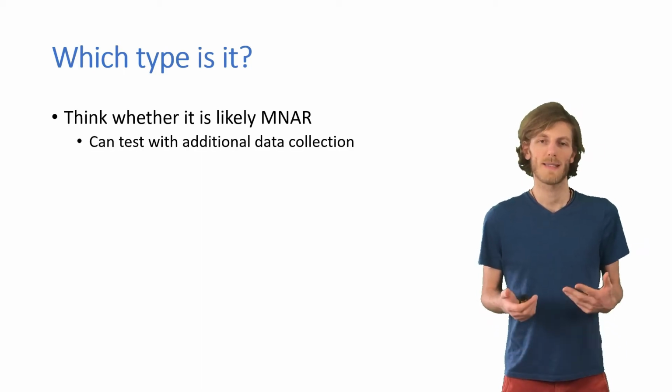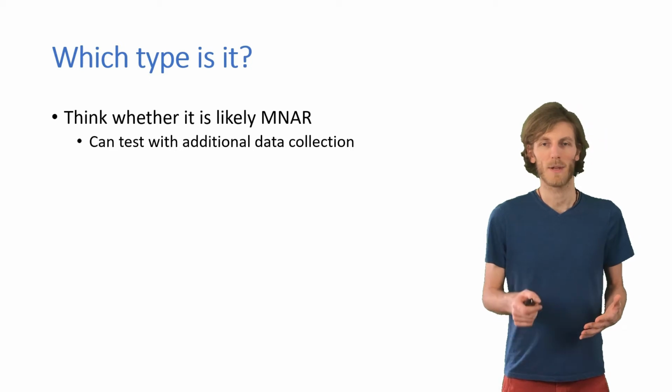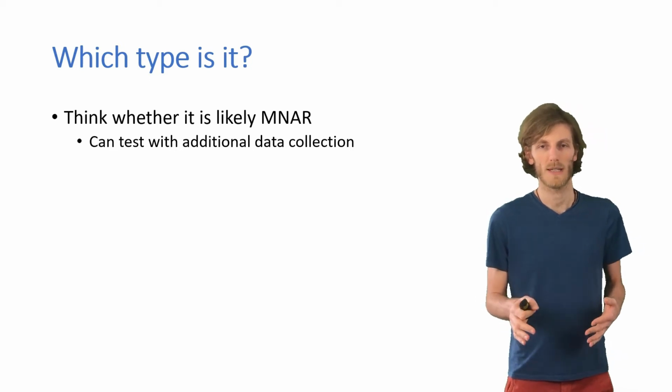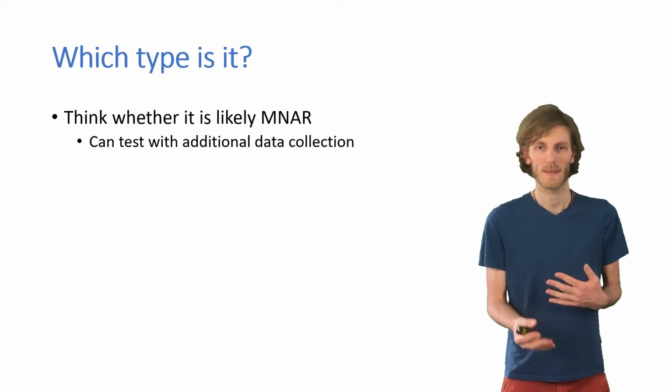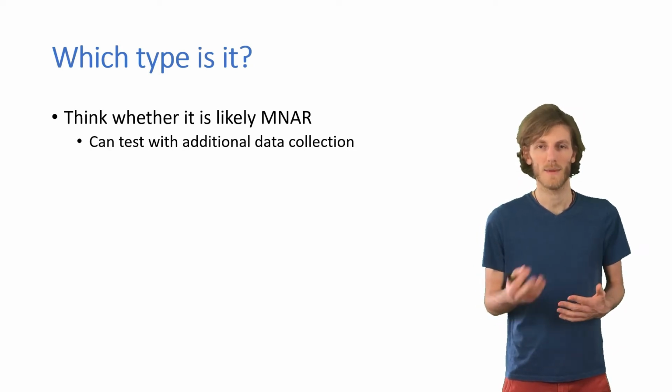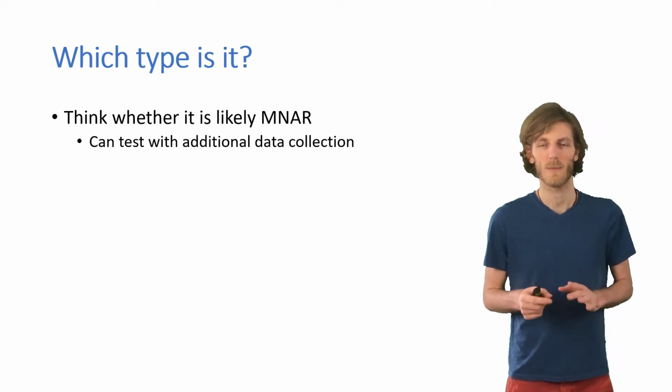We might specifically try to get data from a couple of participants who initially haven't responded, and then try to see whether those participants have a different value in the variable than participants who initially responded.